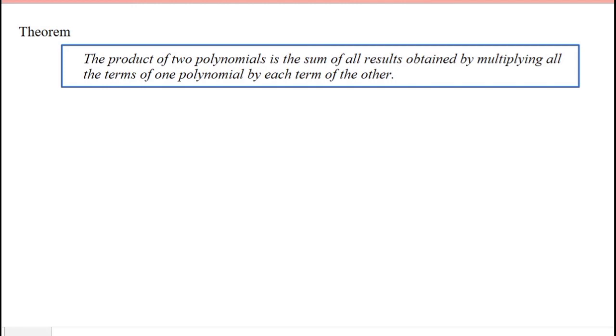The product of two polynomials is the sum of all results obtained by multiplying all the terms of one polynomial by each term of the other.